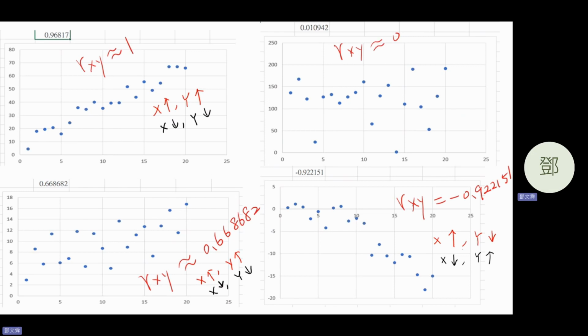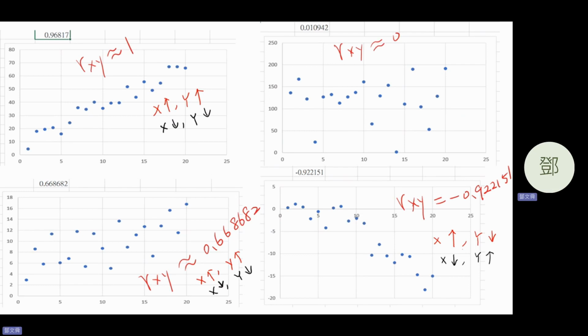They have opposite orientation, but the linear relation is still very strong, no matter positive or negative. All you need to care about is the number after the minus or positive sign. So the linear association is still very strong.